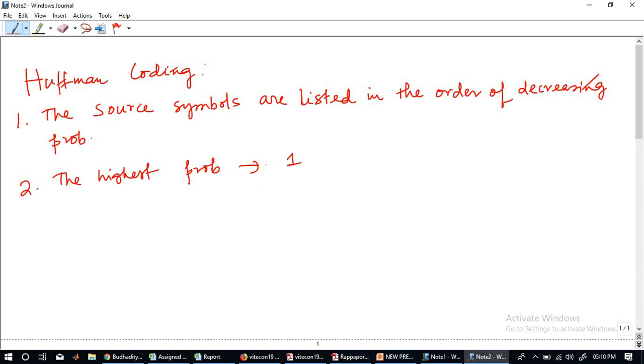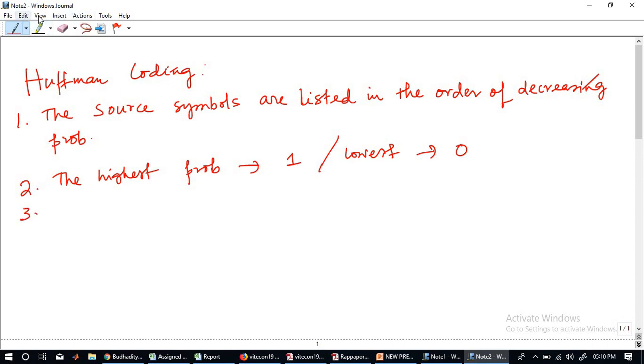That is after the splitting part, like at the end when you are reaching a position where you only have one element in the series, like we already did. So the highest probability will be 1 and the lowest probability will be 0. So just like in Shannon Fano also we know it, so that's why I'm not looking into this, because the process is something very similar to Shannon Fano.